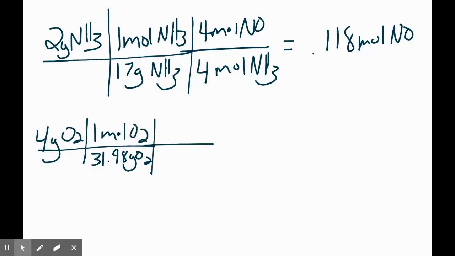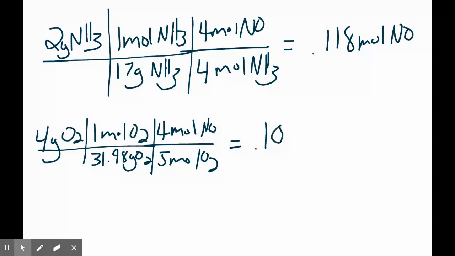And then the mole ratio to get from moles of O2 to moles of NO. So when you calculate that, you get 0.100 moles of NO. Now the limiting reactant is the reactant that's going to stop the reaction because it's going to be used up. The limiting reactant is going to produce the lesser amount of product. So that would be this 0.100 moles of NO.